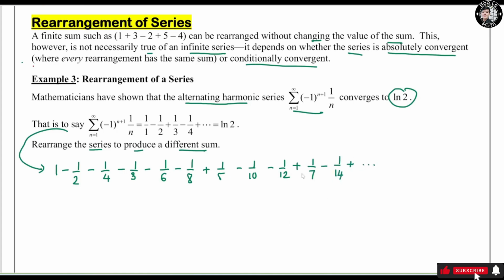Plus etc., right? Now I'm going to group the first two terms, the next two terms right here, this guy and this guy, this guy and this guy, right?